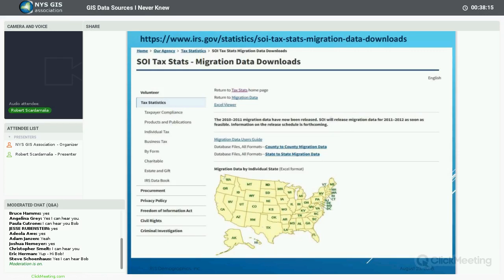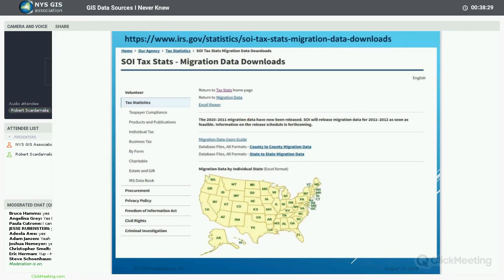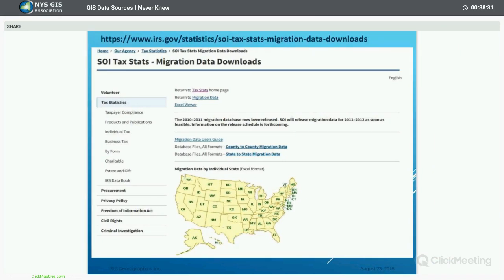Think about what you do whenever you file your taxes every year. You fill out a tax form and it's located to your residence, and that residence is associated with you and your dependents, all of the folks that are reporting on your form for income.